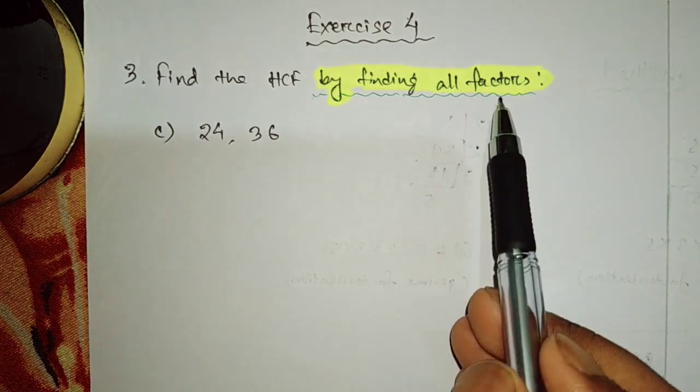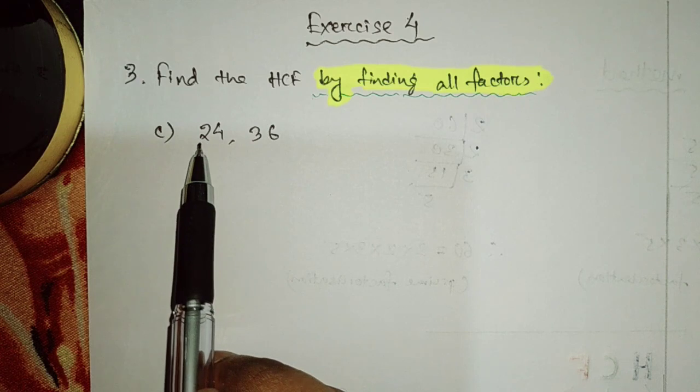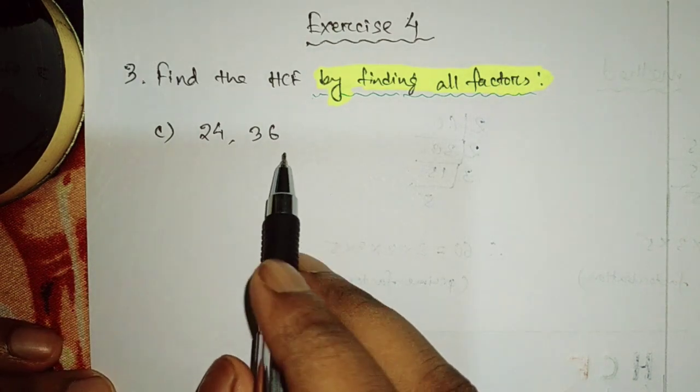So method number one, by finding all factors. How to find the HCF of 24 and 36?